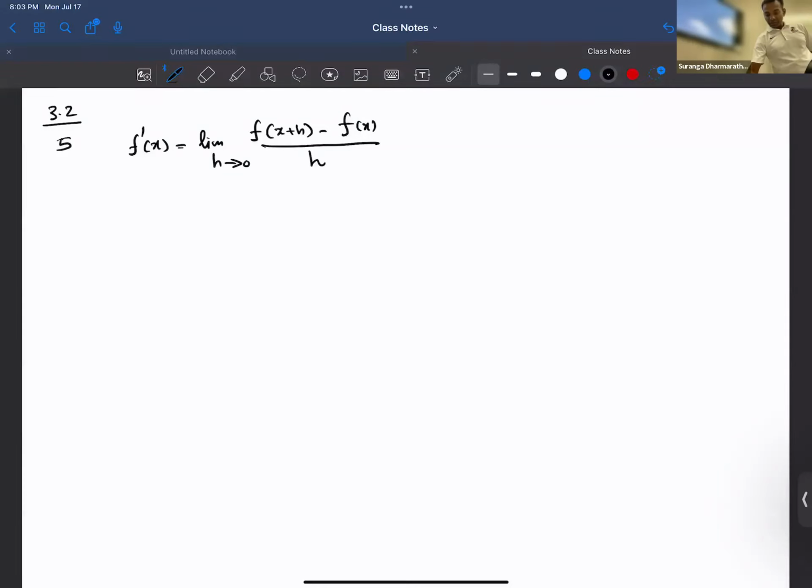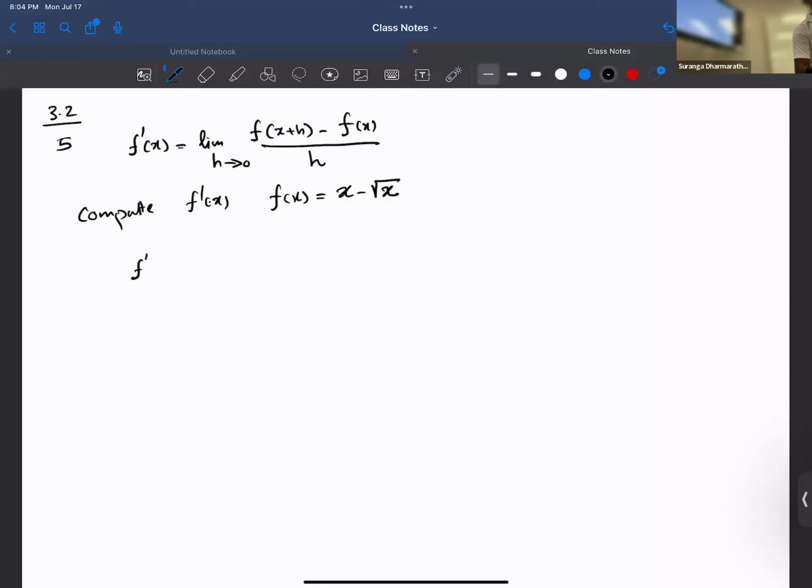By using that definition, I want to compute f prime of x for f of x equals x minus the square root of x. So what do I have to do?